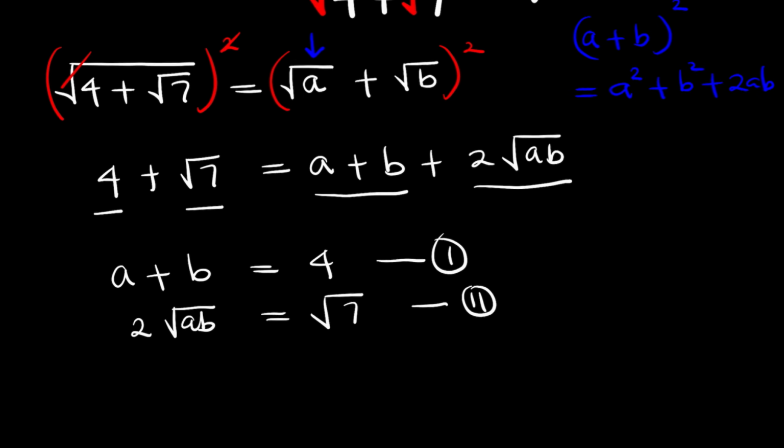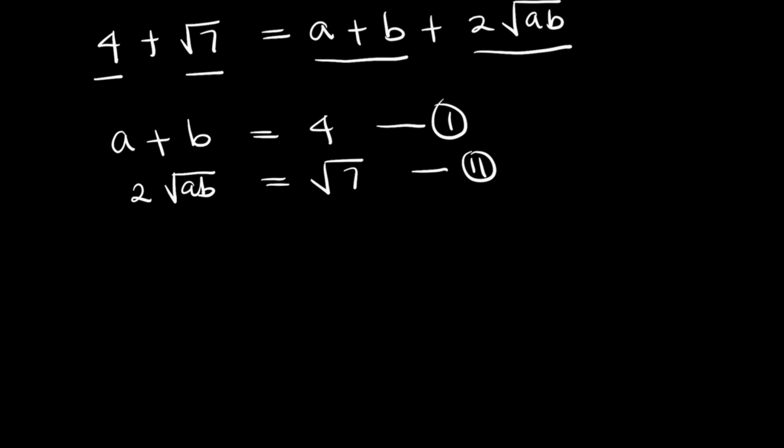I can tidy up equation 2 by first turning this pre-multiplier here. It is the same thing as square root of 4. Square root of 4 is 2, and then times square root of ab. Surds allows us to multiply the two together by choosing just one radical and expressing it as root 4ab.